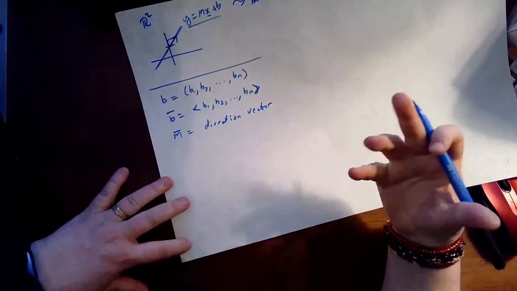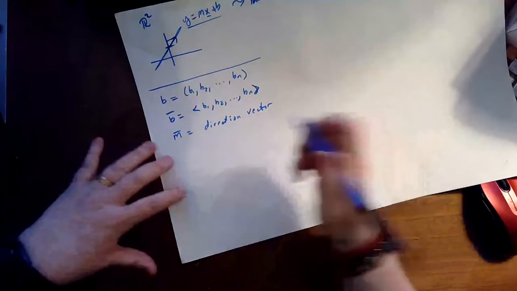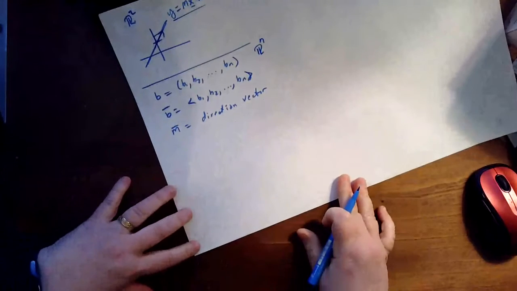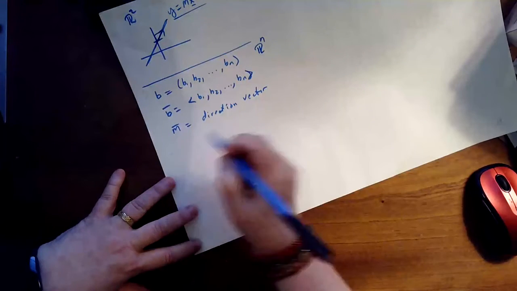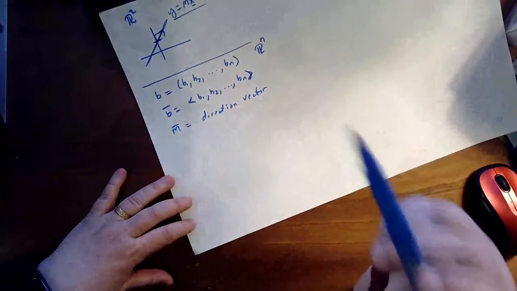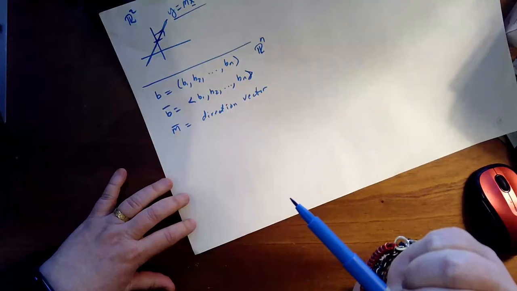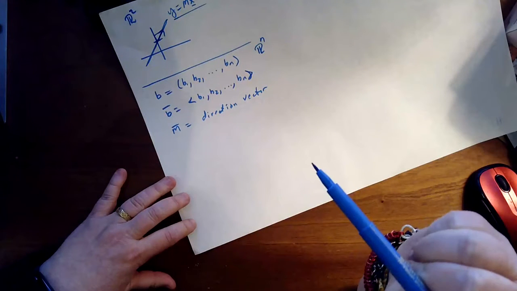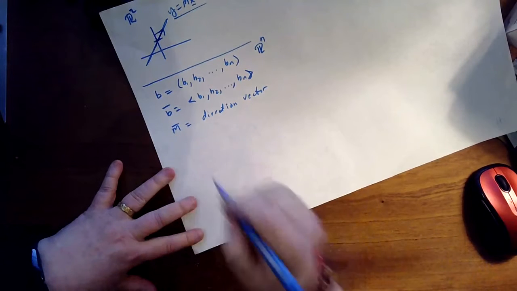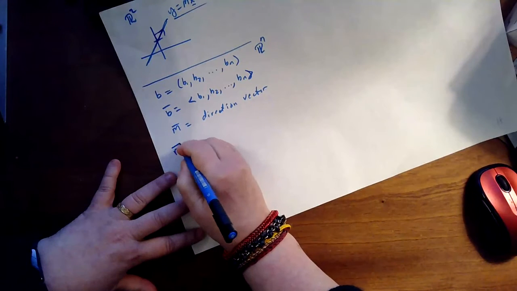So if I want the equation for a line in space, so R to the n, in n dimensions, I can write that as, well, I don't want to use y because that typically stands for the second coordinate. I don't use the x bar because that'll just mess you up. Typically what I've been seeing in the books that I've been looking through, they use r bar. Why r?